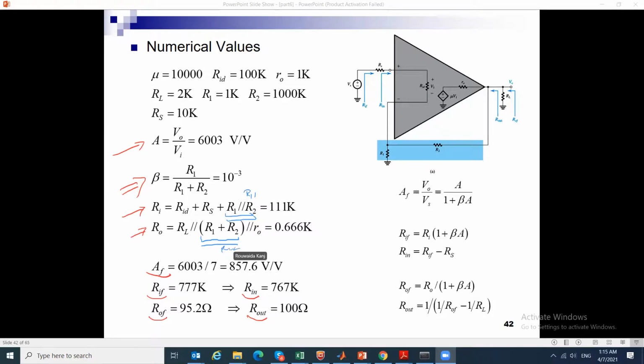And of course the beta comes also from the beta block.